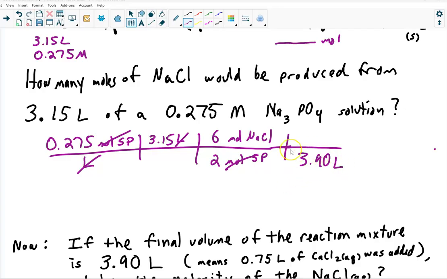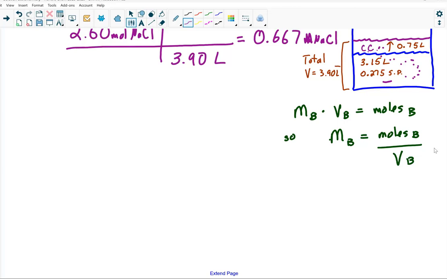Because molarity times volume is moles, molarity is going to be the moles divided by the volume. And you would get that same answer of 0.667 molar NaCl. That's pretty cool. So we did it in this order, but at the end, when you have your moles of B, like I just showed you up above, you could take that moles of B, divide by the volume of B, and you end up getting the molarity. Okay?